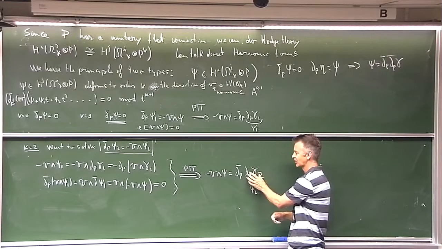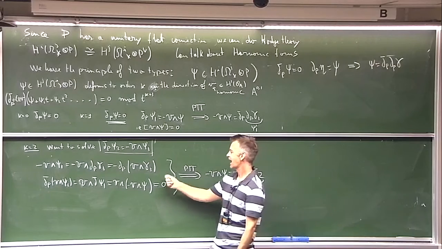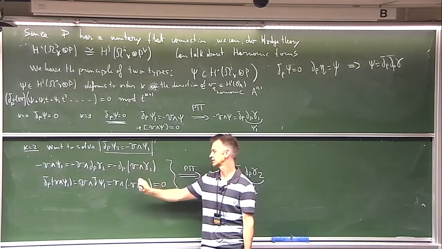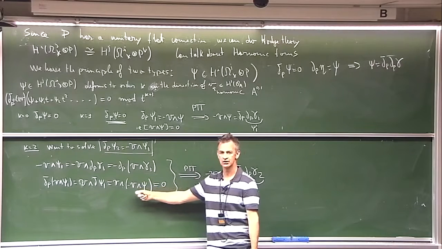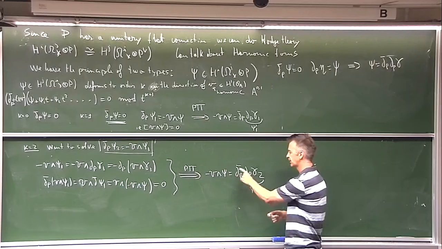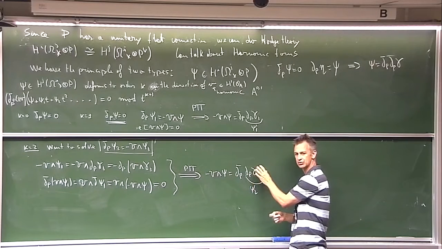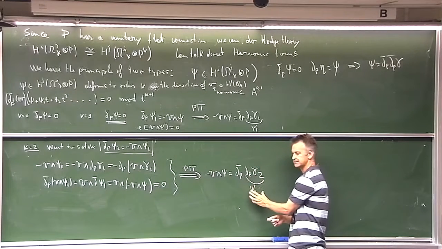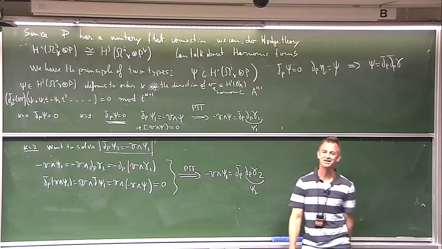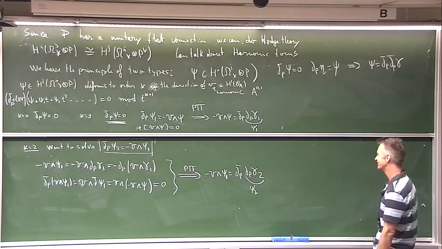So here I have a new gadget, which is del closed, del exact, del bar closed. So I apply the principle of two types for a second time. So it's going to be del bar del of a new gadget gamma 2. And so I call this psi 2. Ah, this is what you were telling me. You're right again. Very good.